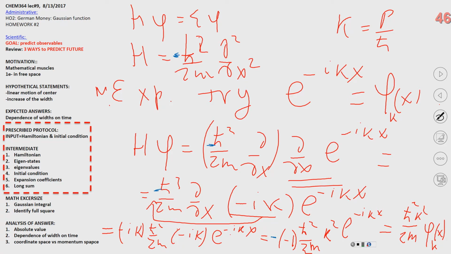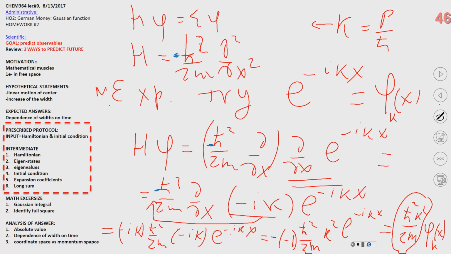Through application of the differential operator, we obtained some factor up front, which we can interpret as energy. But the function didn't change. It was an oscillating exponential and it is an oscillating exponential. Good.